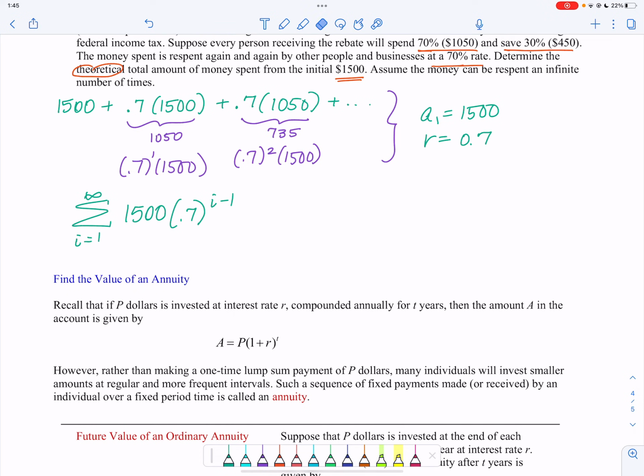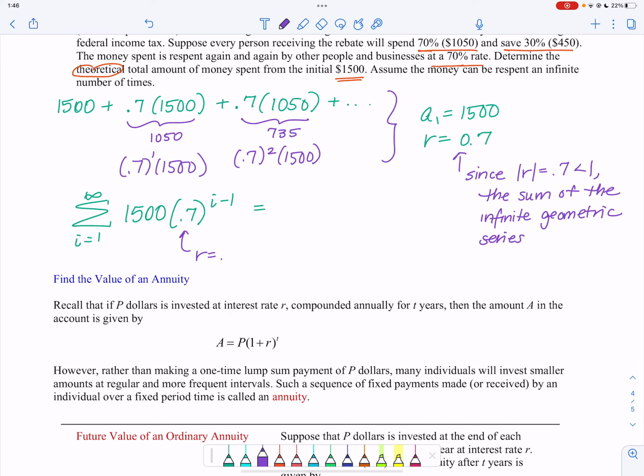And we just learned here, since the absolute value of r is equal to 0.7, which is less than 1, the sum of the infinite geometric series exists.